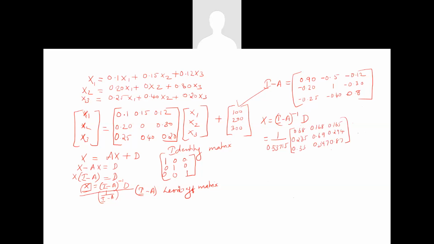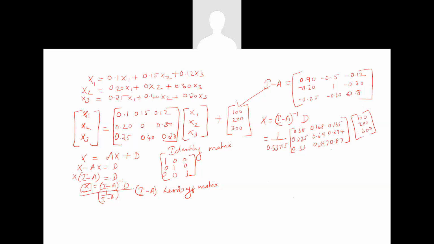Okay, this is it. The adjoint matrix or Cij transpose into D. D, of course, we know that it is 100, then it is 200 and 300. Those values have been given to us earlier, right?